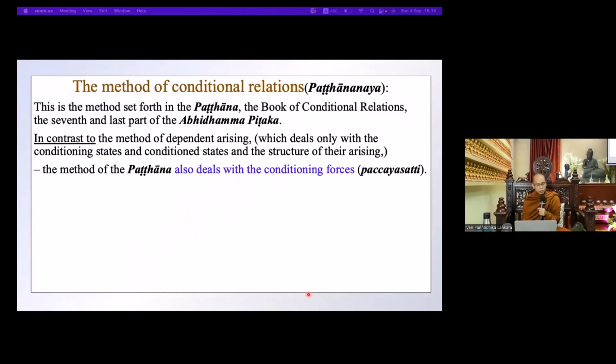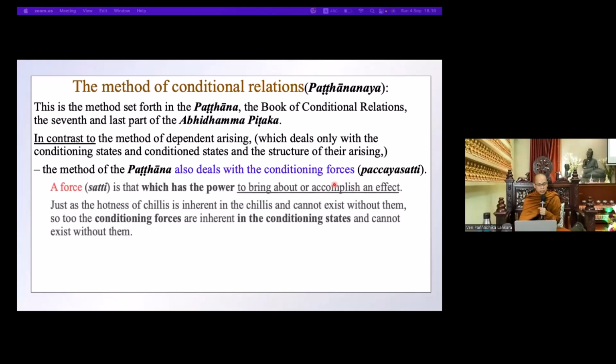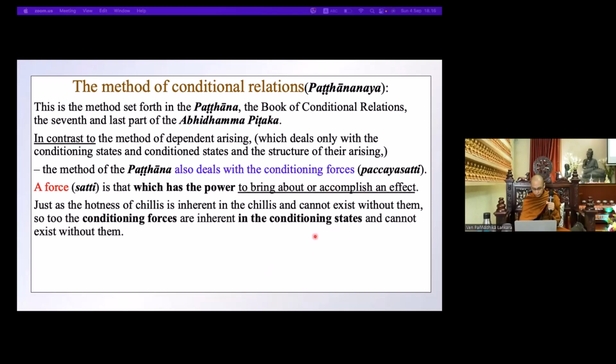Paccaya Dhamma and Paccayuppanna Dhamma are not mentioned as single; they are mentioned widely, in groups. And it also mentions the Paccaya Sati, which is the power to accomplish the effect, the conditional state, Paccayuppanna Dhamma.